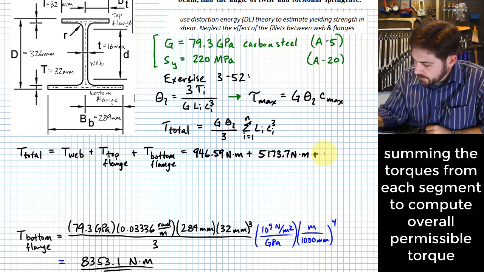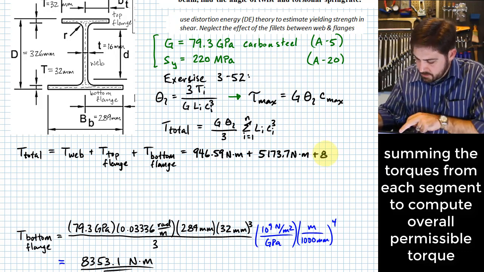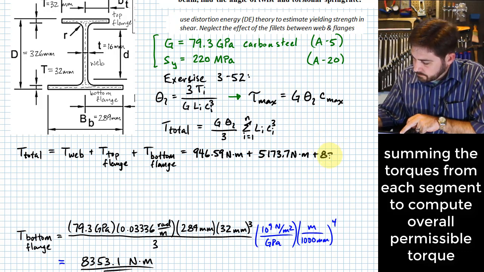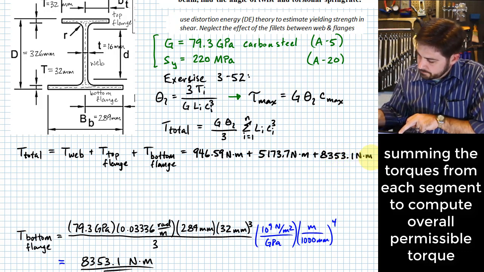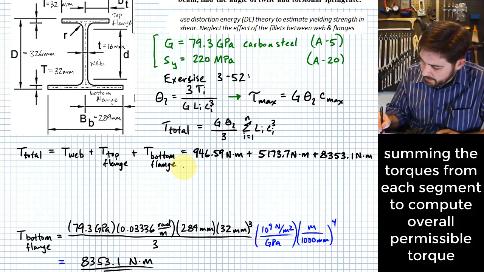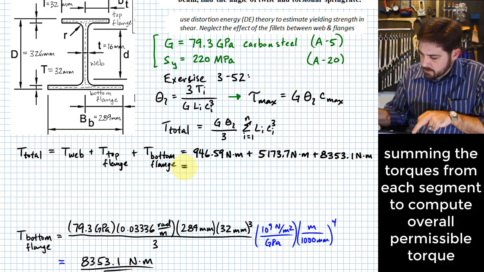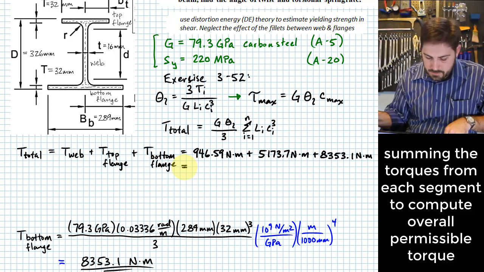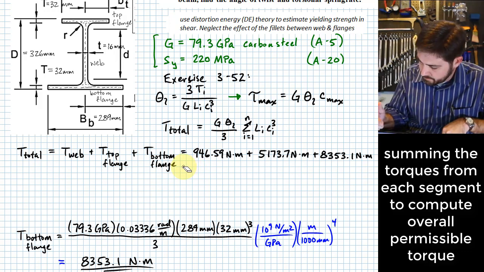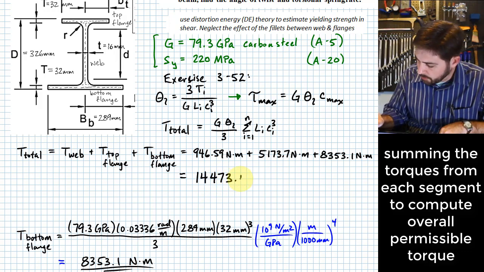And we had 8,353.1 Newton meters. And when we add all of these up, it gives us 14,473.4 Newton meters.